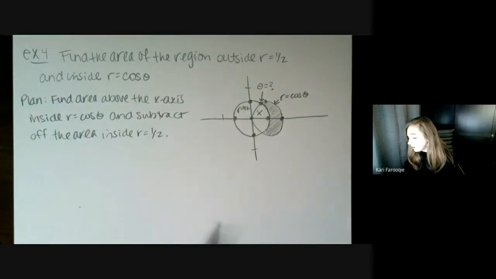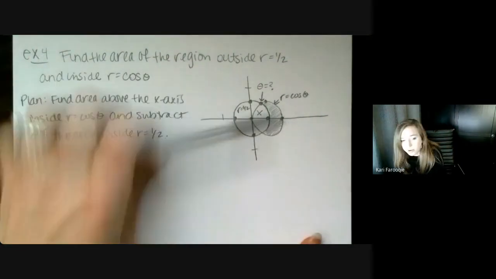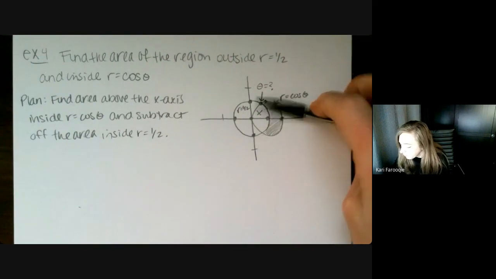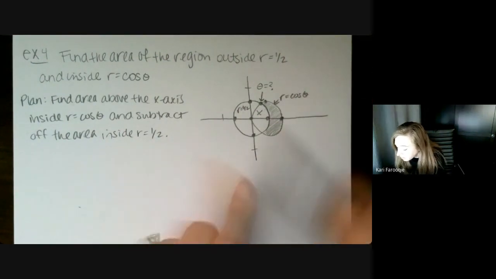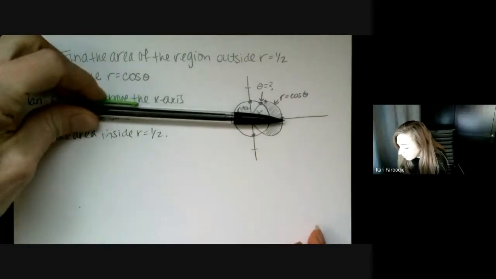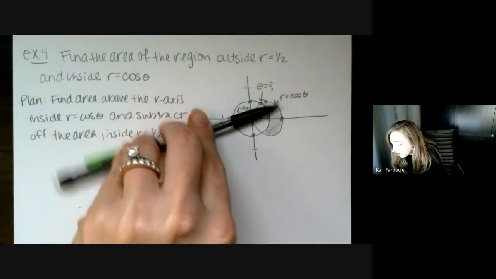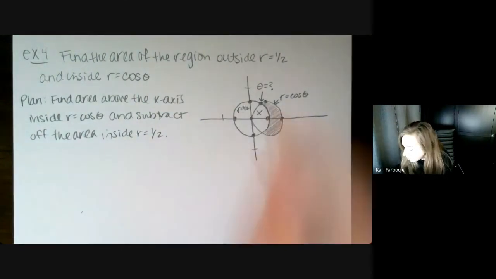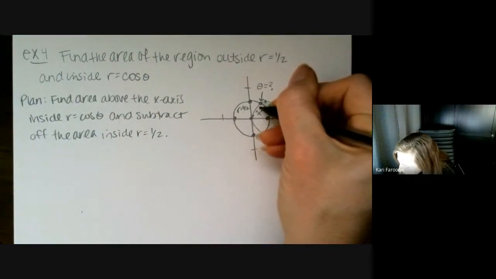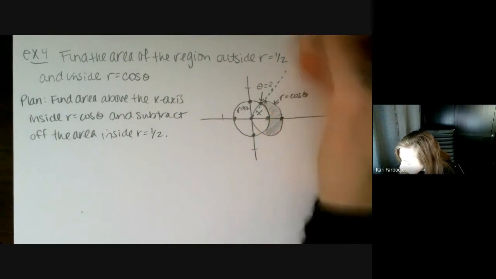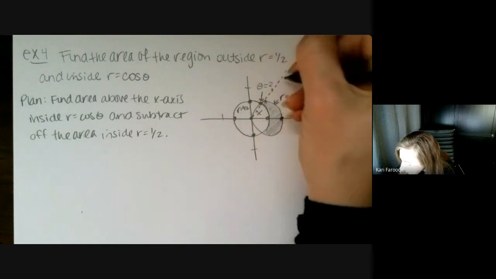Because as I'm looking at theta equals 0, I'm talking about what's happening right here. And as I increase that angle theta, eventually I work my way up to this radial line that is the intersection point. I'm looking for this theta.